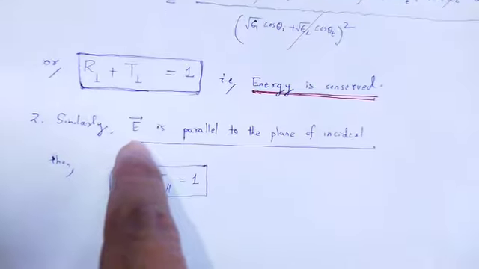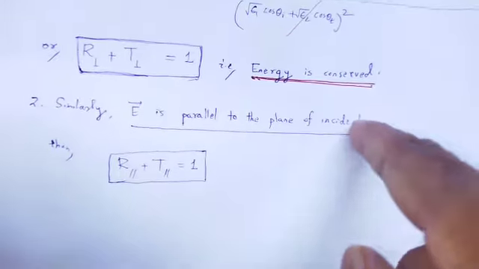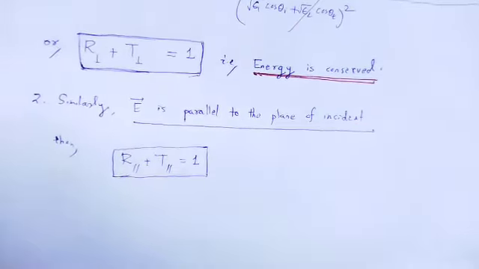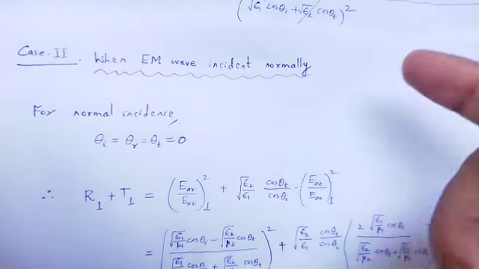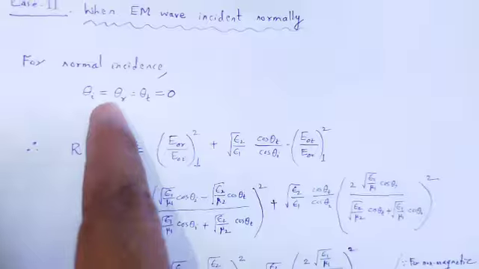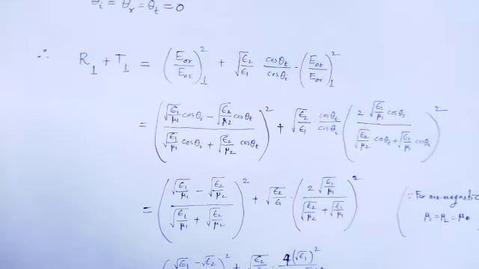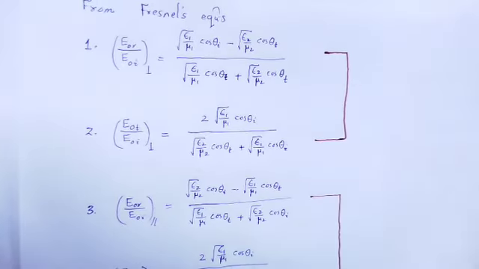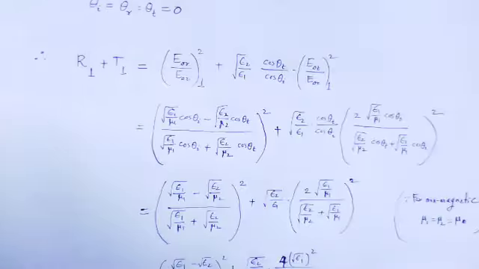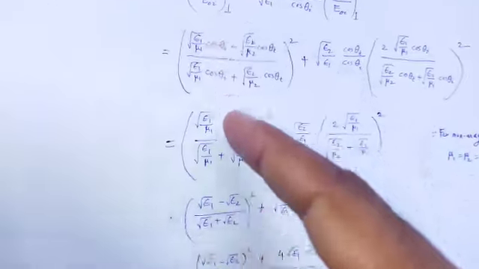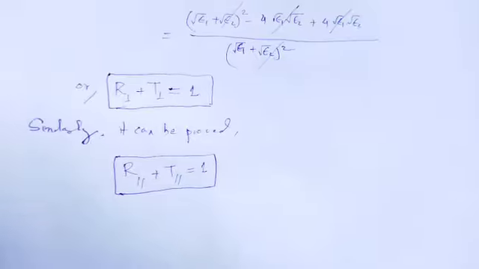Similarly for the parallel case, that will be 1. For normal incidence these angles are 0, and by using Fresnel's equations under parallel and perpendicular situations, we can easily show it is 1 as well.